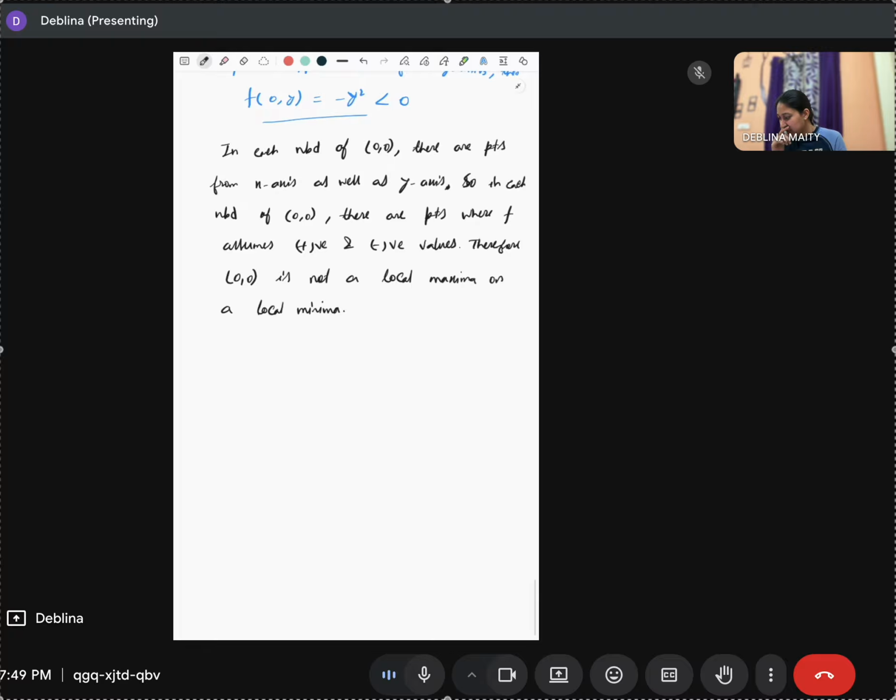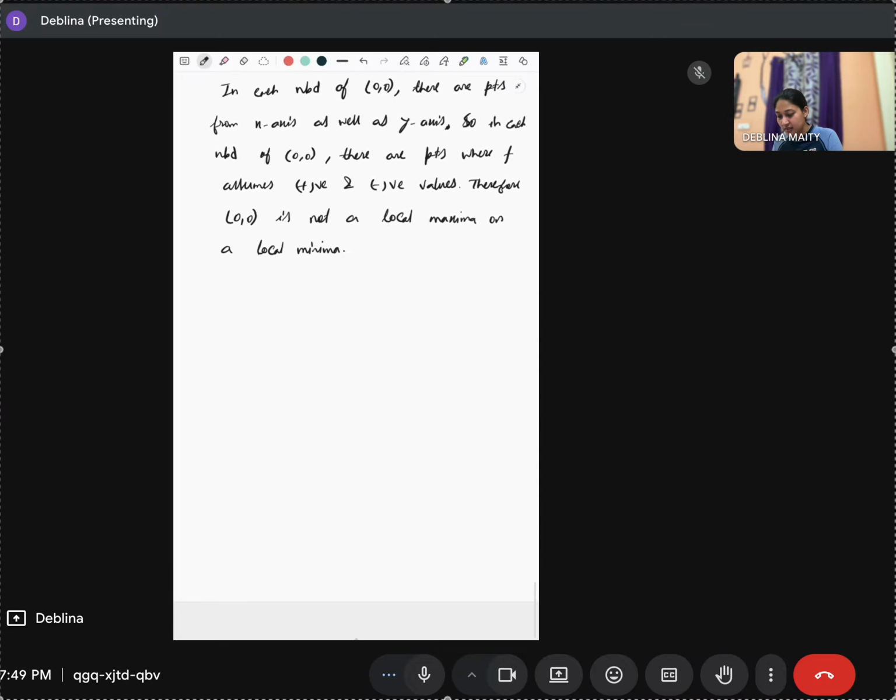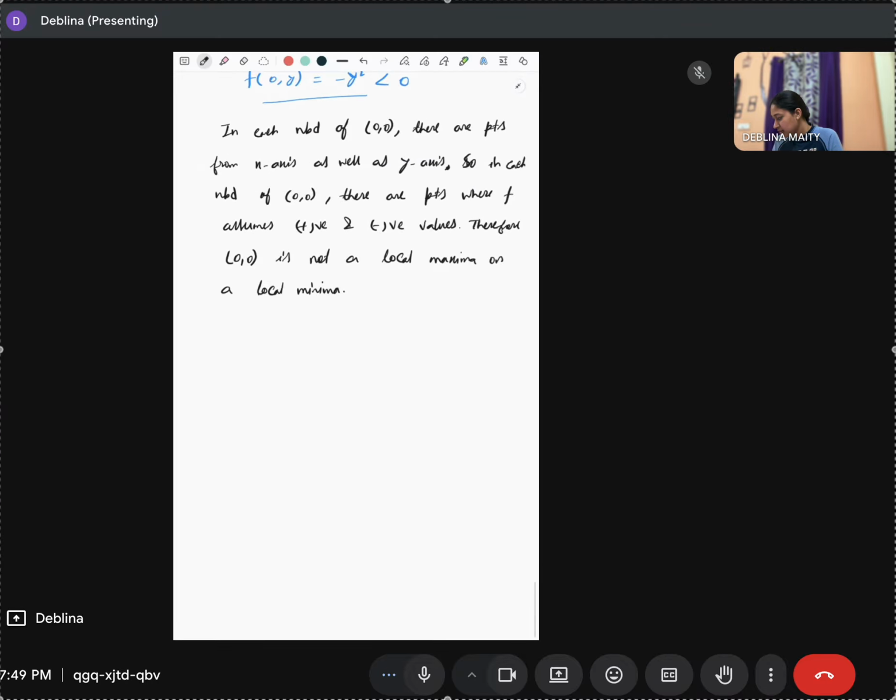Okay. Now if we are given a function, then how do we find the point where the function attains its maximum or minimum? That is what we have to find. So the necessary condition is what?